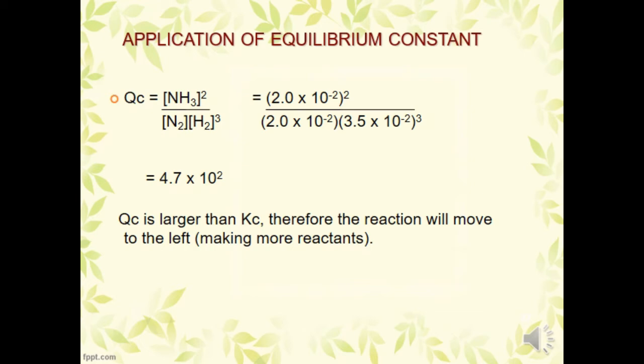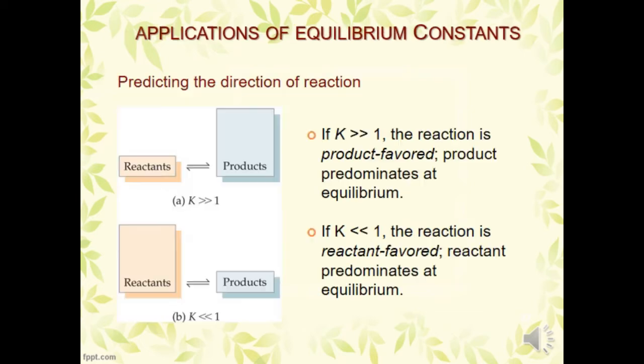Okay, so based on the equilibrium constant value, if K is more than 1, then the reaction is product favored. So product will predominate at equilibrium. If K is less than 1, then the reaction is reactant favored.